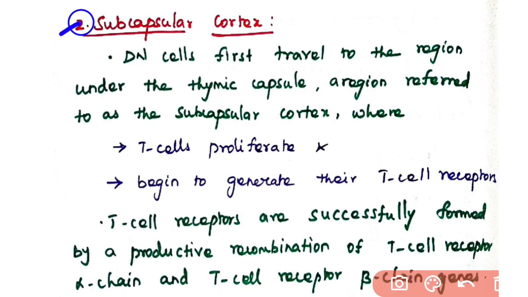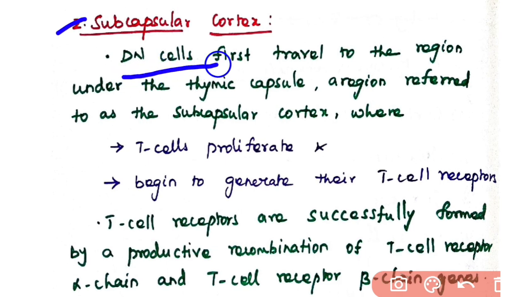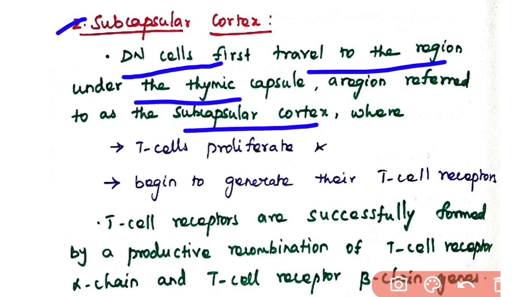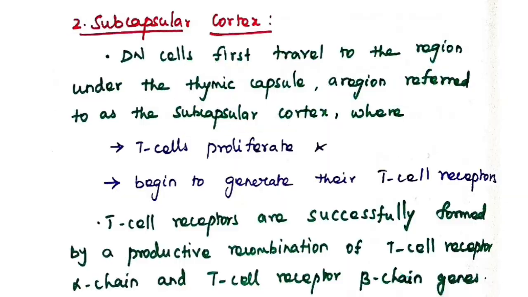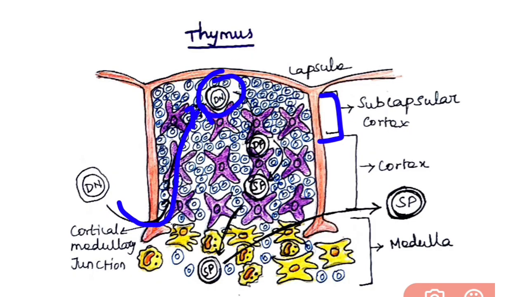The next environment is the subcapsular cortex. Double negative cells first travel to the region under the thymic capsule, a region referred to as the subcapsular cortex. So the cells which are in the subcapsular cortex are double negative cells.